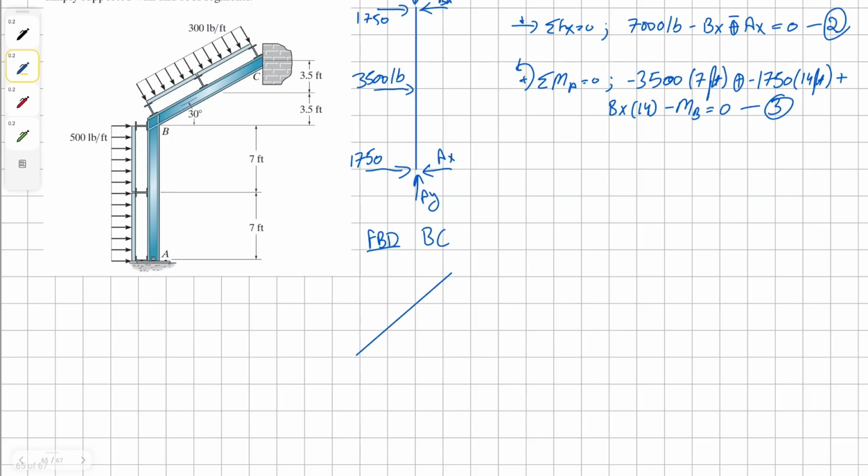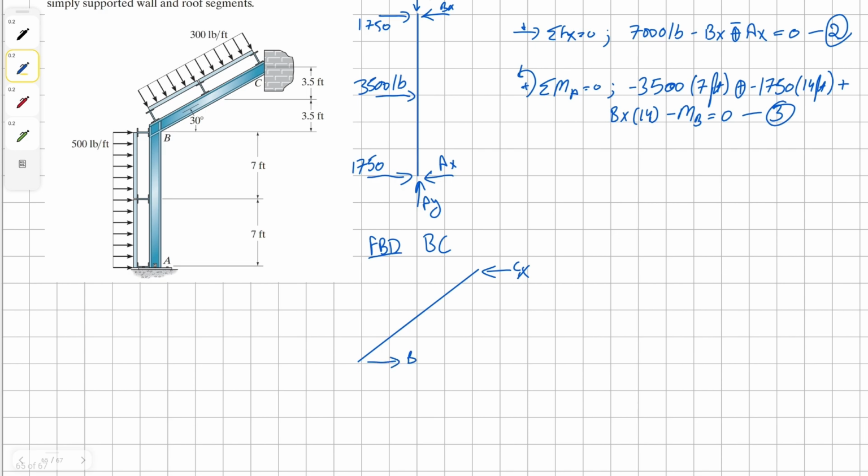So at member BC, we're going to have Cy, which is a roller. Pardon me, it will be Cx in this case. And we're going to have a Bx, By, and my moment. And then there are external reaction forces.